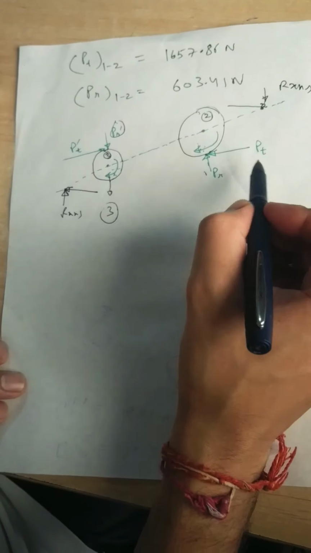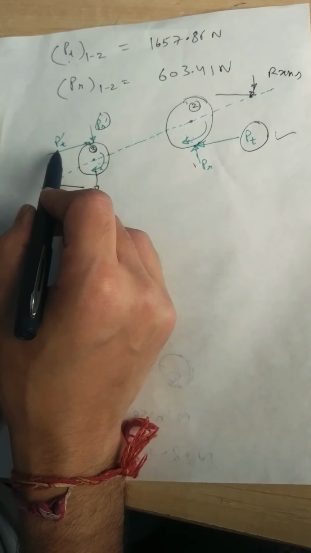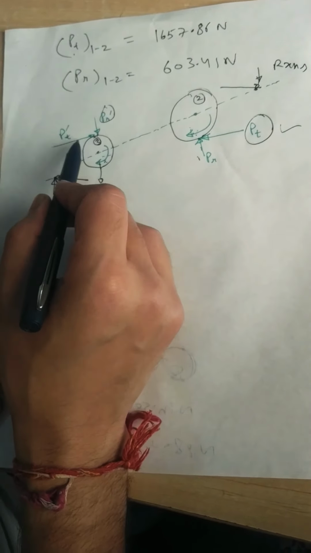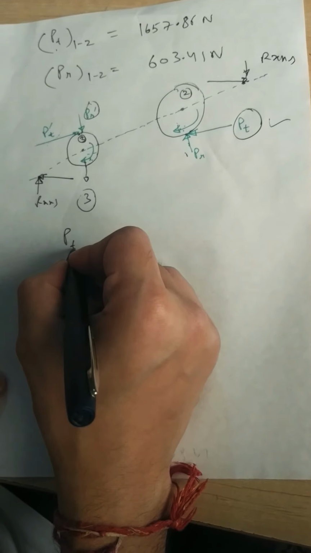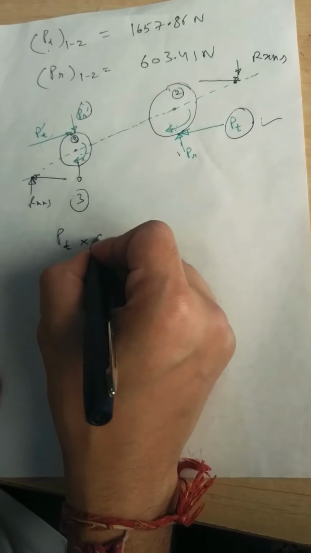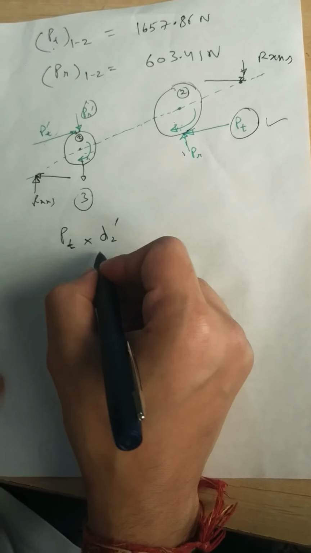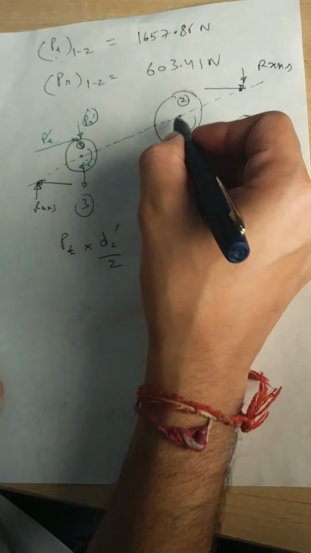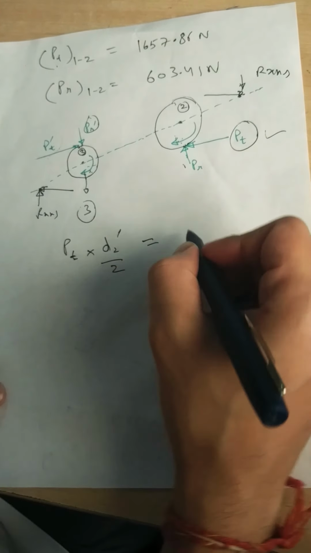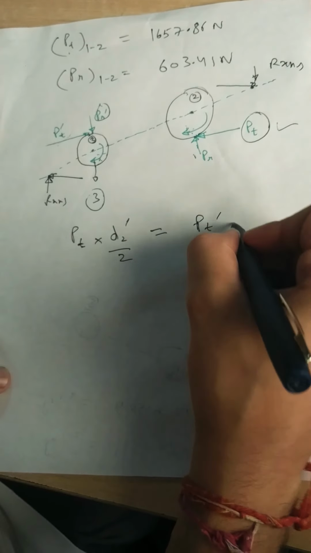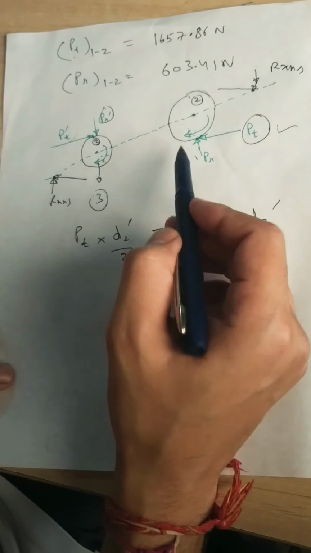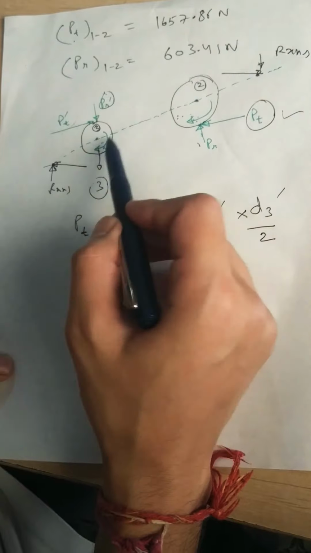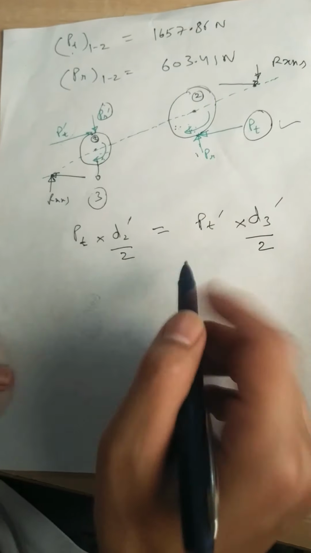So we have already calculated PT here. We will denote the forces on gears 3 and 4 by PT dash. So it should be like this: PT into D2 dash by 2, the torque, should be equivalent to PT dash into D3 dash by 2, since torque should be equivalent in both the gears since they are on a common shaft.